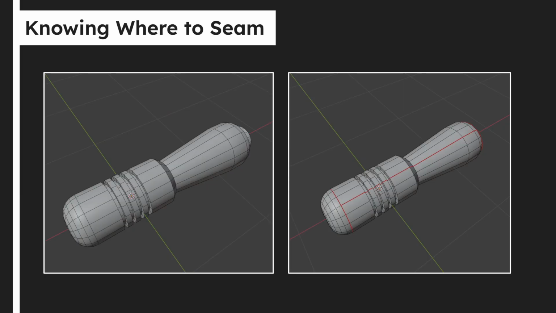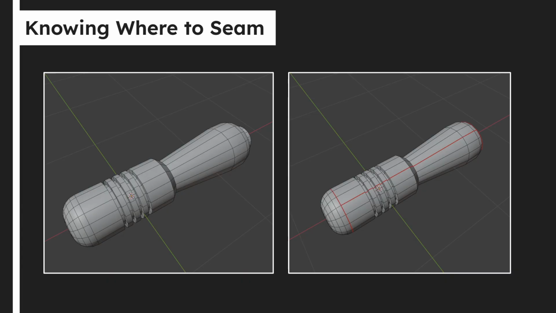For example, the handle of a chisel. Though I'm not picking the exact top and the exact end, we can still kind of imagine this as just one big cylinder, where in order for it to unwrap flat, we need some kind of top cap, some kind of middle part that unwraps flat, and some kind of end cap. It's the exact same principle. So if I make the seams in the exact same way, picking any one of these would work, but I'm starting here. Same with the end.